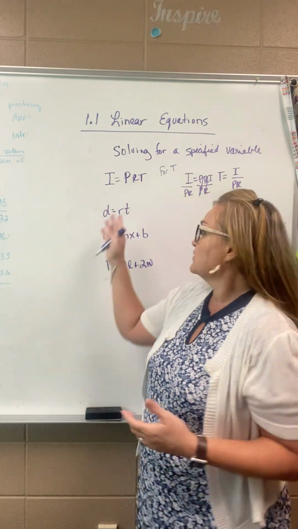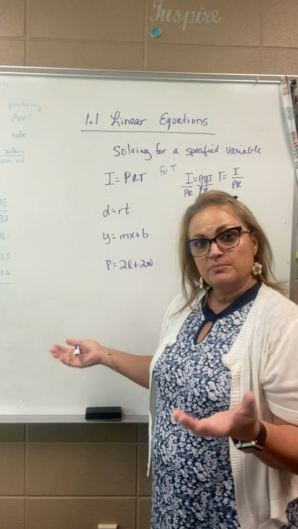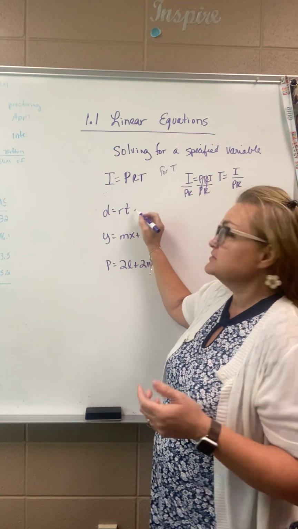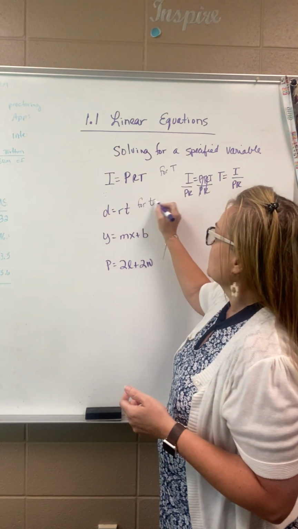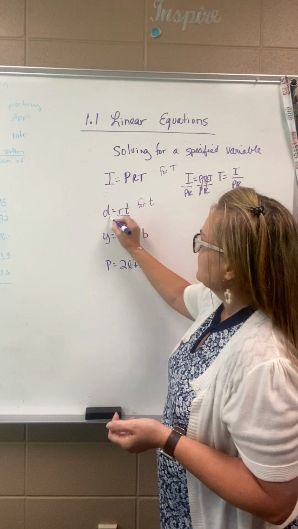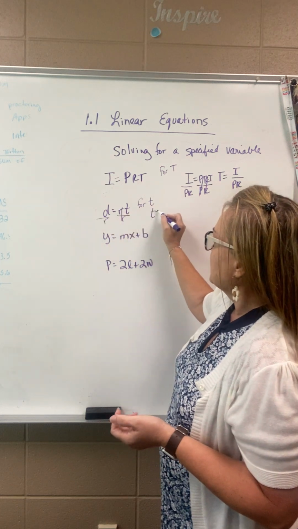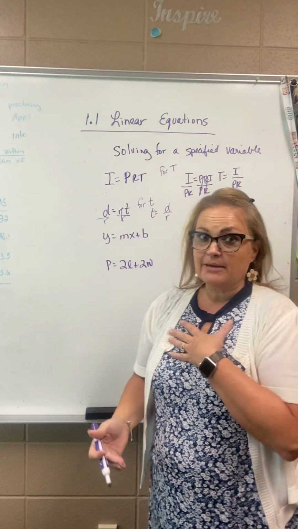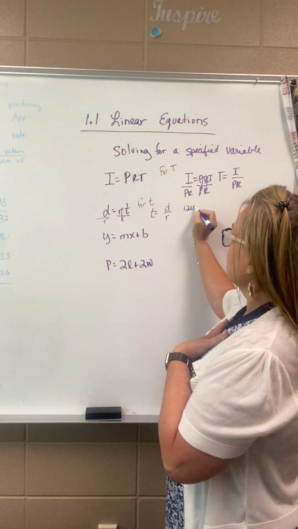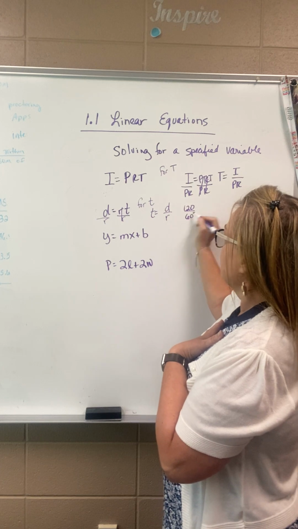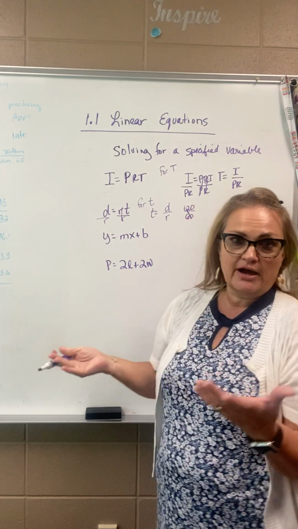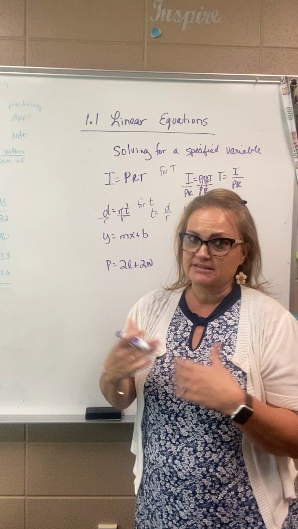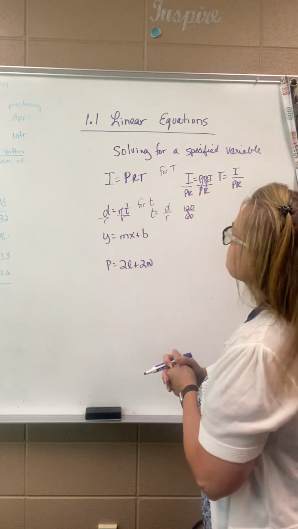But if you were going to do a bunch of calculations for time, if we were solving for t, we would divide out the r on each side. And we can say time is always the distance over the rate. So in my little example, if you drove 120 miles and you were going 60 miles an hour, that divides to be 2 hours. It's just another way of rearranging exactly the same idea.